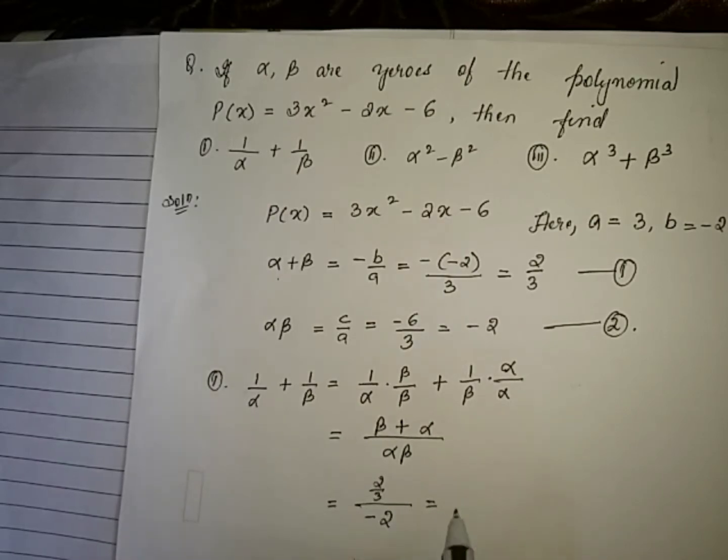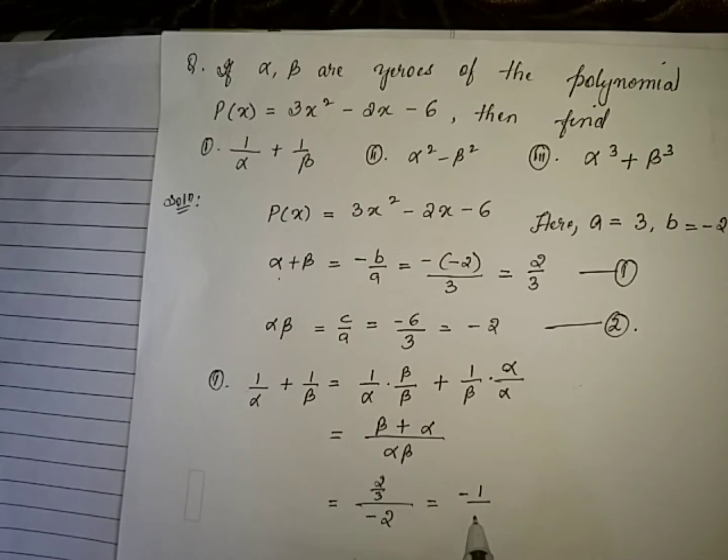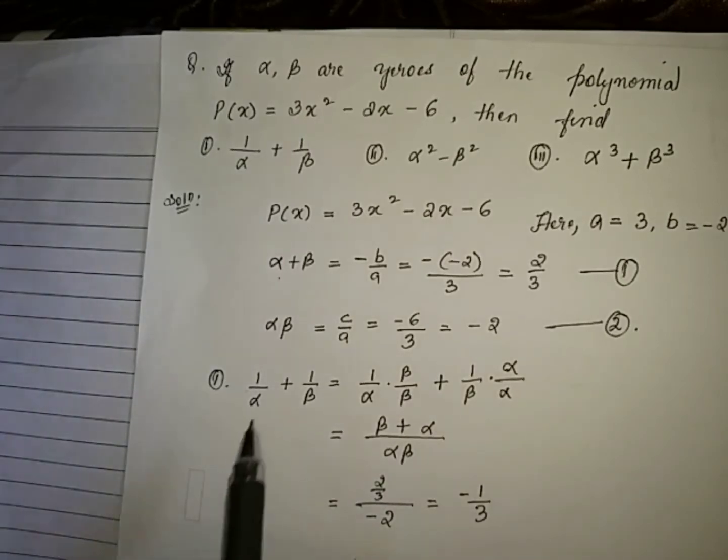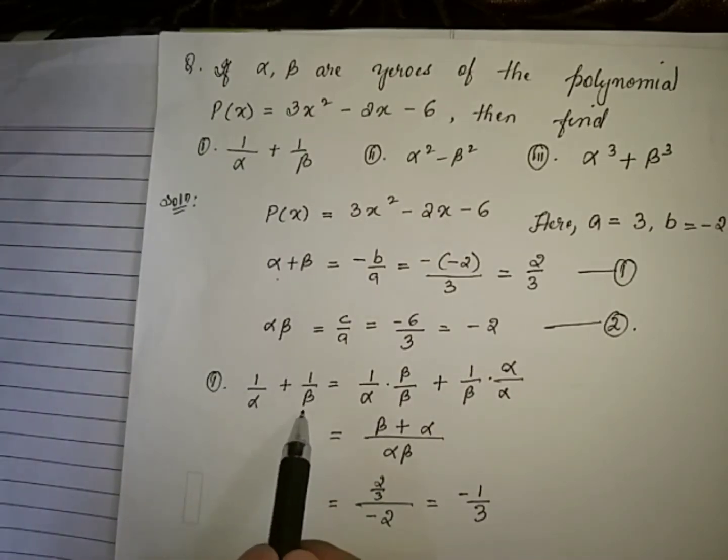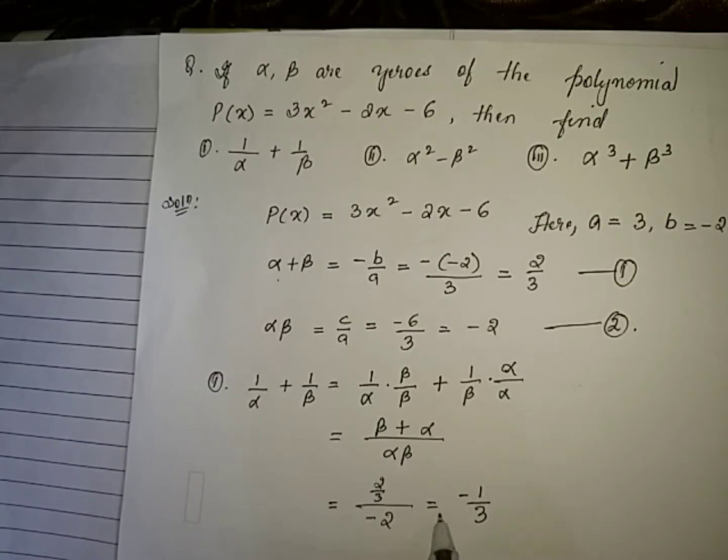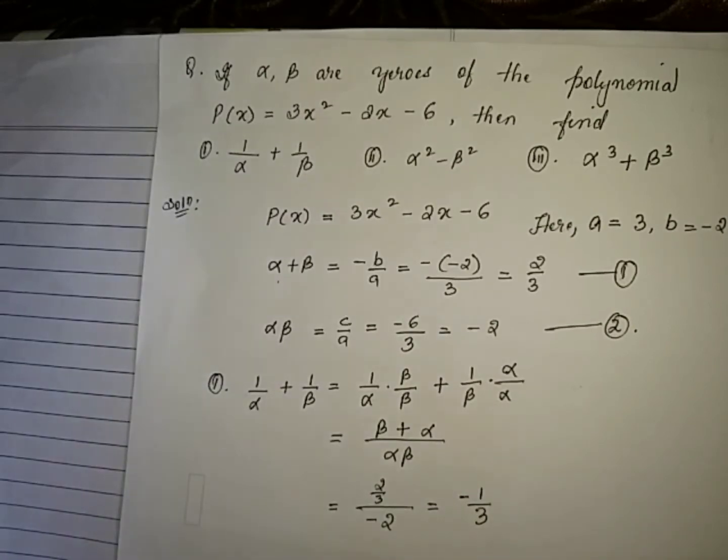Here we will get minus 1 by 3. So 1 by alpha plus 1 by beta is minus 1 by 3.